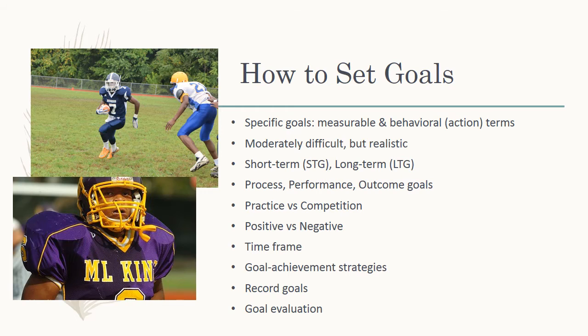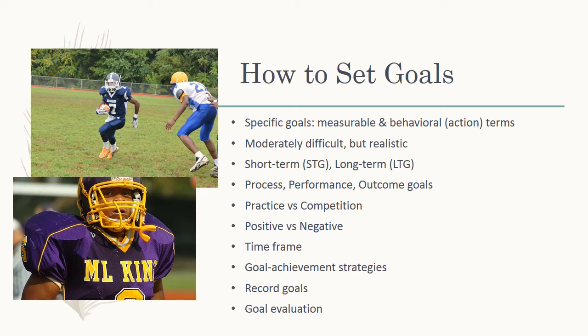You should include short-term goals or long-term goals, and those terms or timelines should be identified. Ideally, you will set process, performance, and outcome goals, many goals in each type of category. If we're talking about athletes, goals should be set specifically for practice and/or competition.